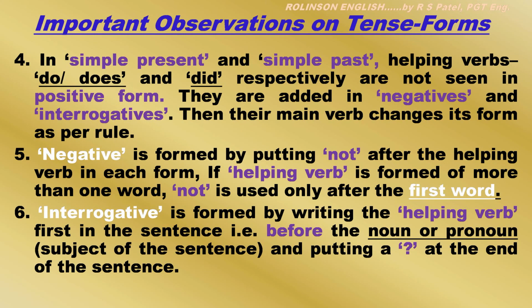Now the last observation, interrogative sentences. I mean interrogative form is formed by writing the helping verb first in the sentence, that is before the noun or pronoun, and putting a question mark at the end of the sentence.